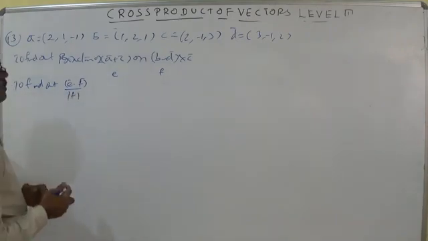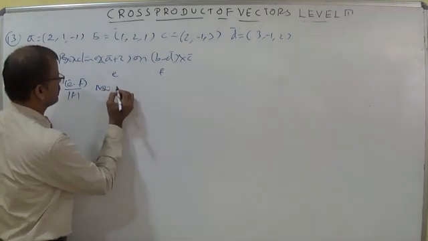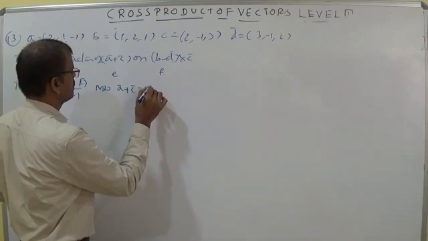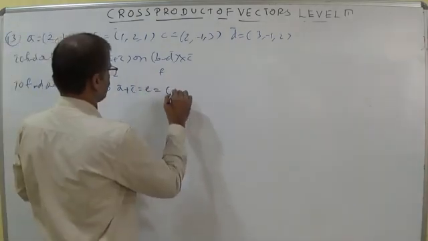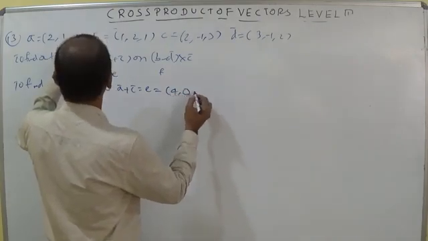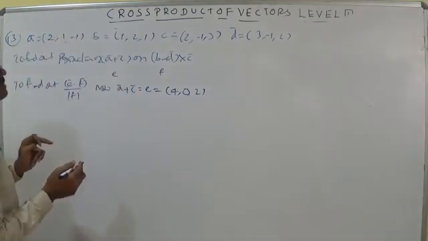First, A plus C, we name it E. A plus C is 2 plus 2 is 4, 1 minus 1 is 0, minus 1 plus 3 is 2.